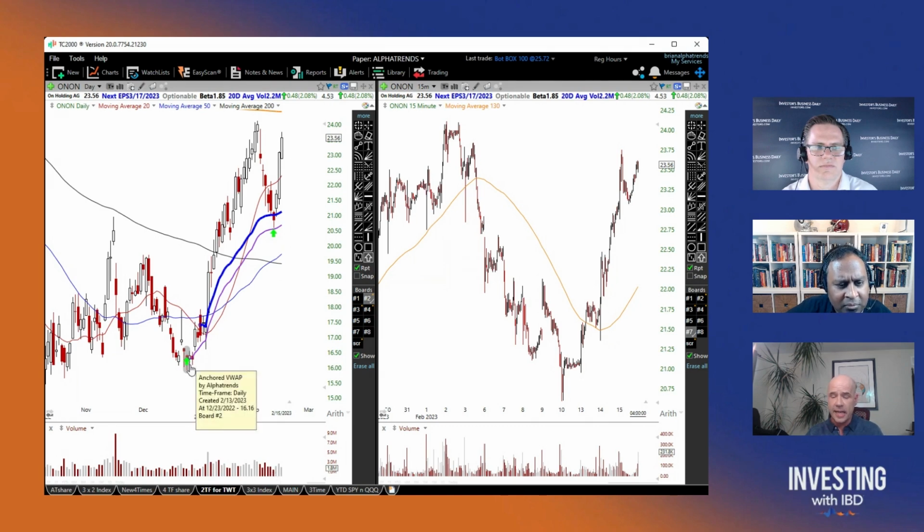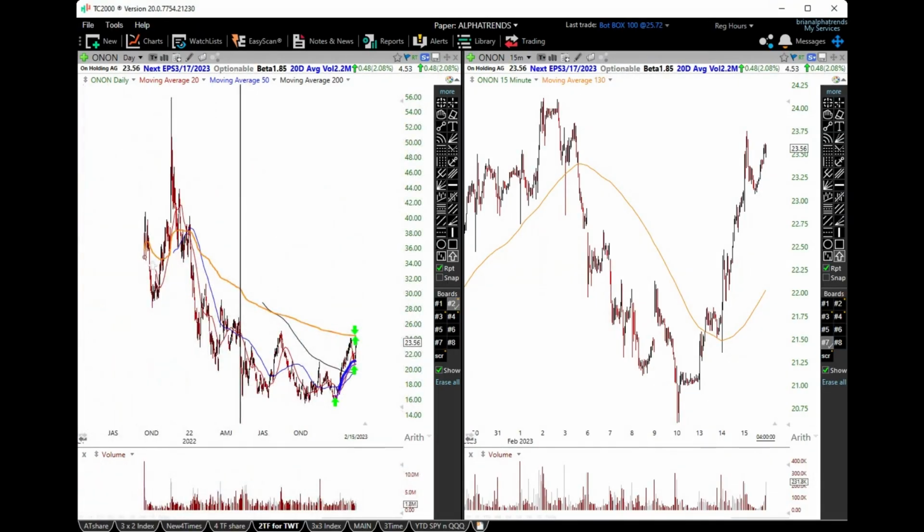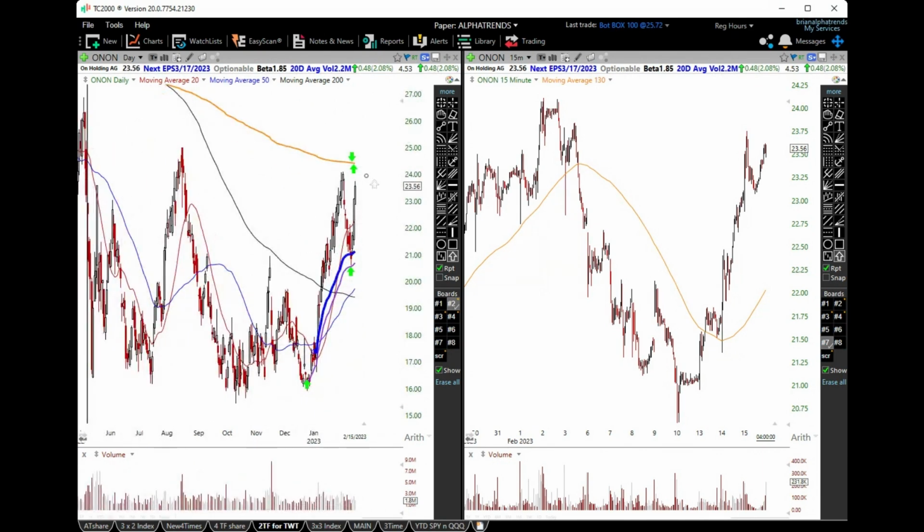So year-to-date, week-to-date, month-to-date are often important highs and lows. If we look at this and back it up, you can see this orange line up there, and that's the volume-weighted average price from the IPO. So when I look at that, it tells me it's likely to go up to that level.